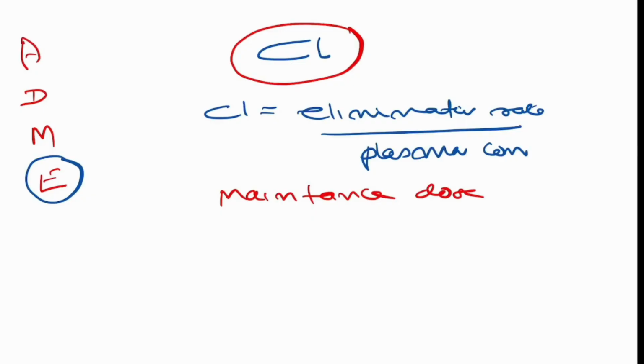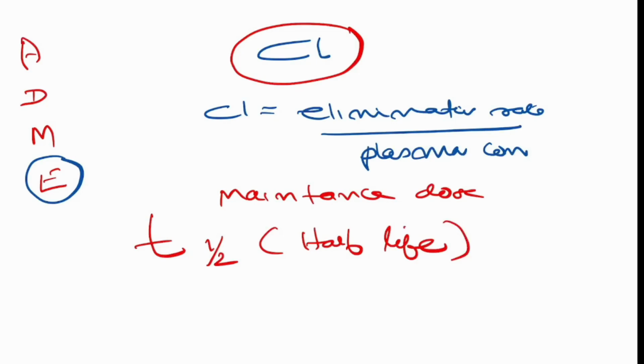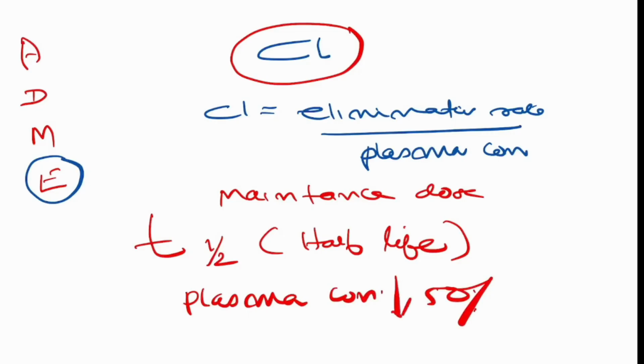Here you should remember one term, the T half or the half-life. So what is T half? It is the time for plasma concentration to drop by 50%. The plasma concentration to fall by 50%. That is the T half.